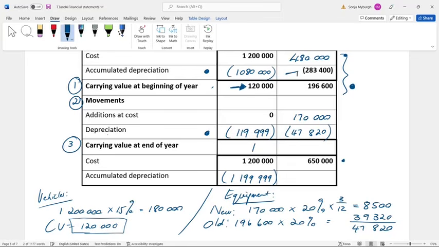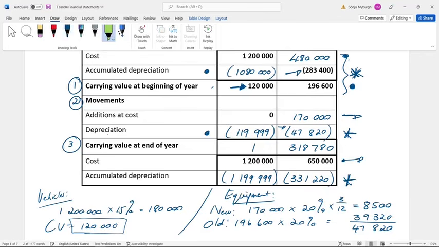Depreciation at the beginning, accumulated depreciation, plus the depreciation written off this year will give you the total depreciation. Cost price minus accumulated depreciation will give you the carrying value. We know that the cost price at the beginning, 480, plus the 170 will give you the 650. We know that the accumulated depreciation at the beginning, plus the new depreciation will give you the accumulated depreciation at the end.